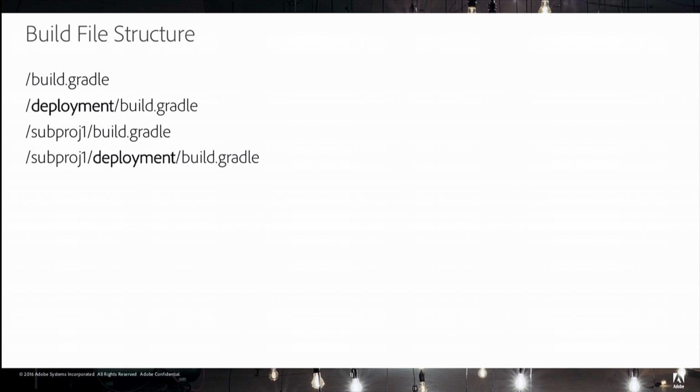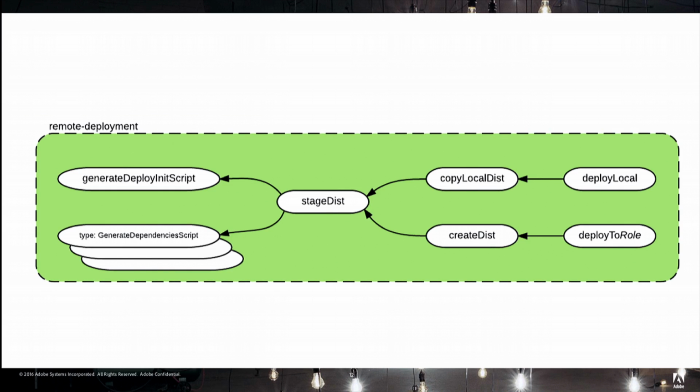We structured it where we could have the build.gradles, any sub-projects we wanted, and then for deployment we would have a separate deployment directory and a build Gradle that's very specific for what happens on the node where we launch and deploy to. By doing that, we can then pull down all the dependencies, and that made it very extensible. Kind of the high level before we go into what that looked like.